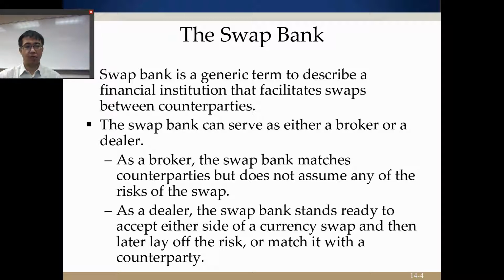Because of the swap banks, everybody can just go to the swap bank and get their best deal. So everybody can trade with everybody through a swap bank when the swap bank is a hub of the trading. Without a swap bank, it's a bilateral transaction, so it's hard to find such a partnership.